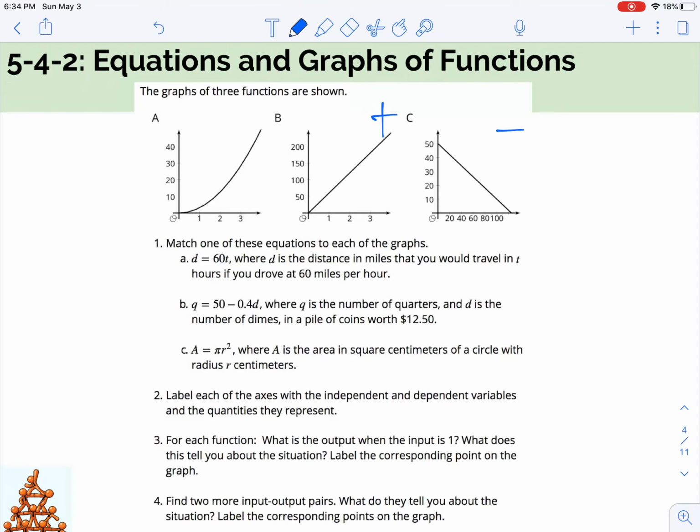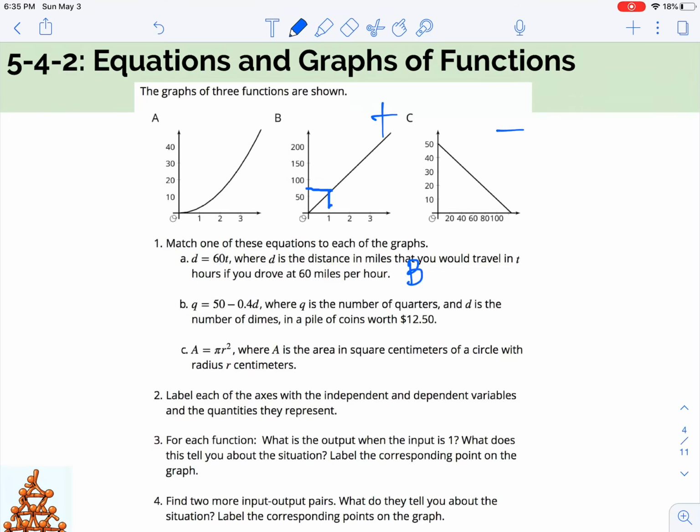So A says D equals 60t, where D is distance you travel in t hours if you drive at 60 miles per hour. So I know that's going to have to be something that has positive slope. And if I look at 1 and I draw it up and across, that's right at about 60. So it's safe to say that A goes with graph B.